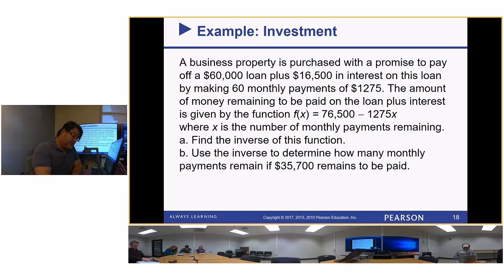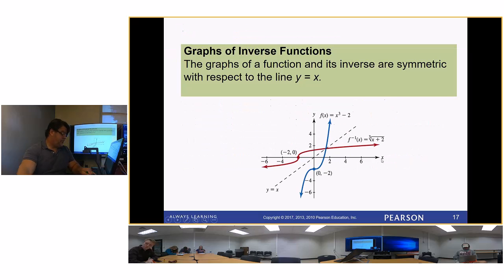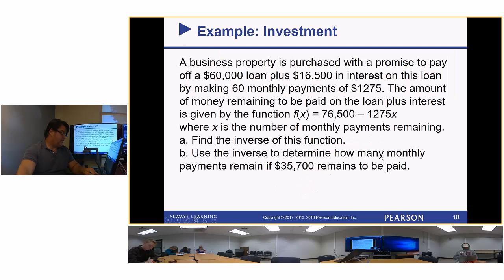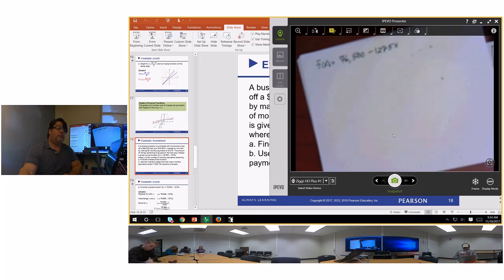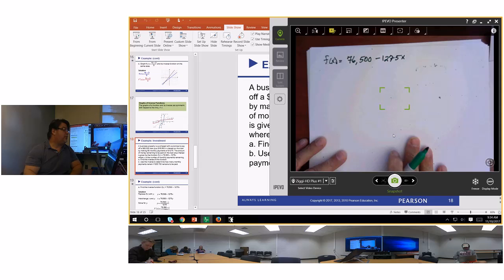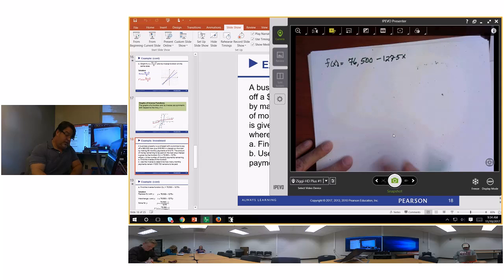F of x is equal to 76,500 minus 1275x. I'm going to rewrite it because I don't like the way that's written. I'm going to rewrite it like we've been writing algebraic sentences since y'all were in 6th, 7th grade.